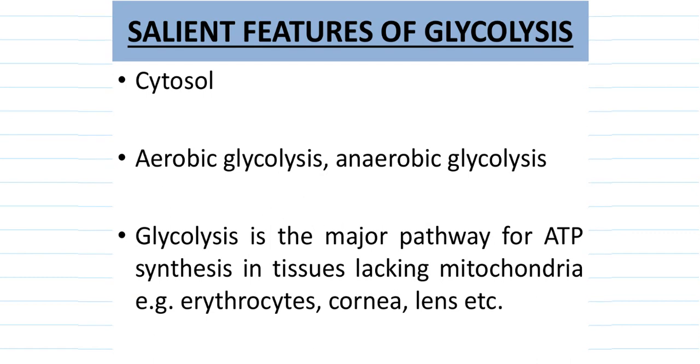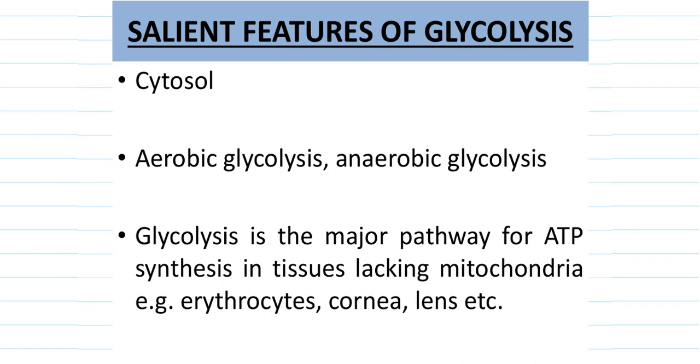Anaerobic glycolysis is the process by which glycolysis occurs in the absence of oxygen. So the NADH that is produced during the sixth step of glycolysis won't be able to enter into the electron transport chain. So it is not going to produce the ATP that would have been produced from the NADH.